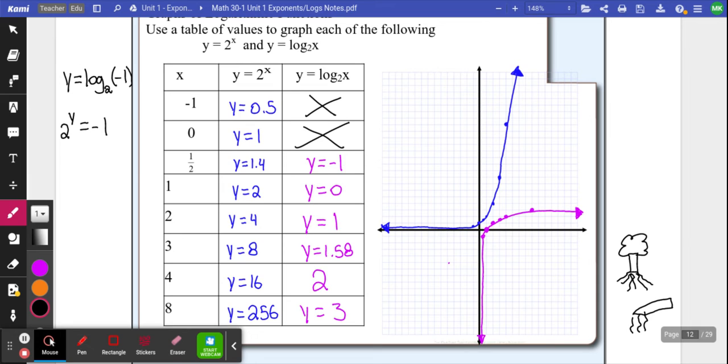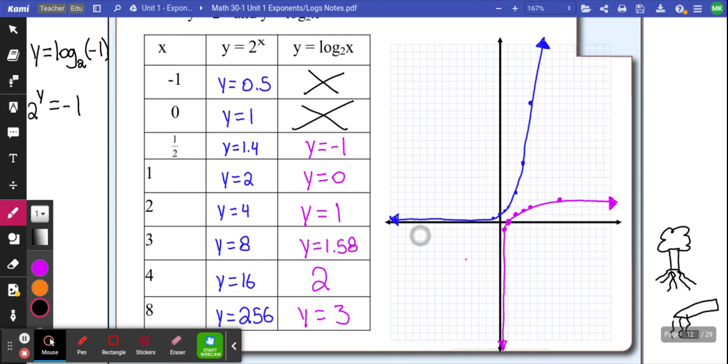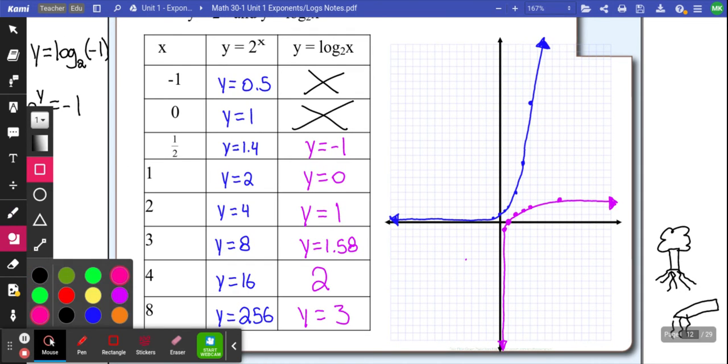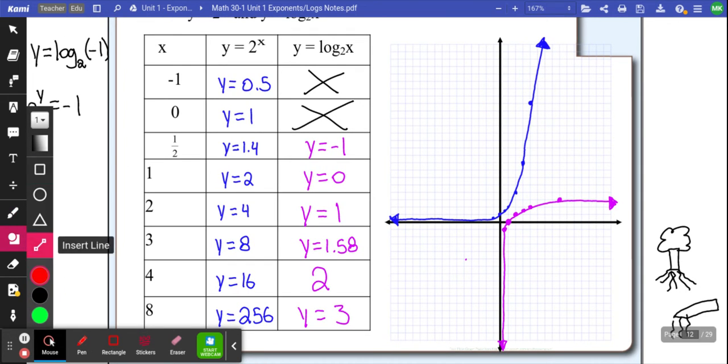Things to notice. With log graphs, we have an asymptote, just like we had an asymptote for exponential form. Our asymptote's somewhere new, though. Our asymptote is now the y-axis, right here.